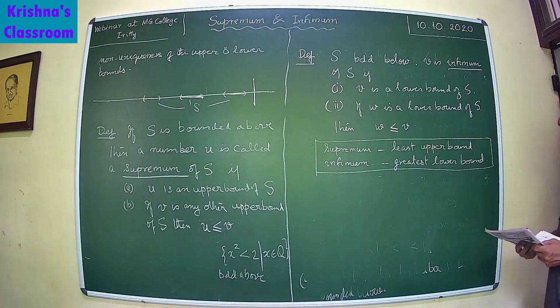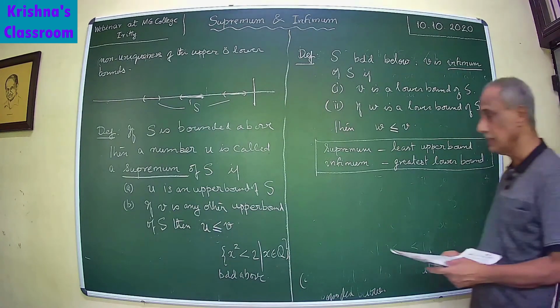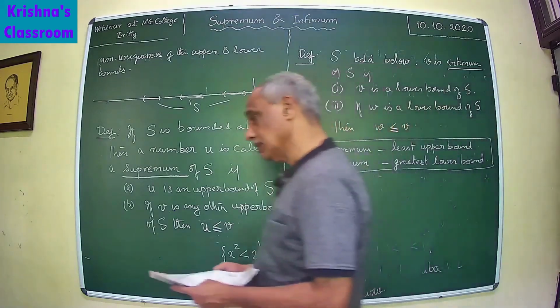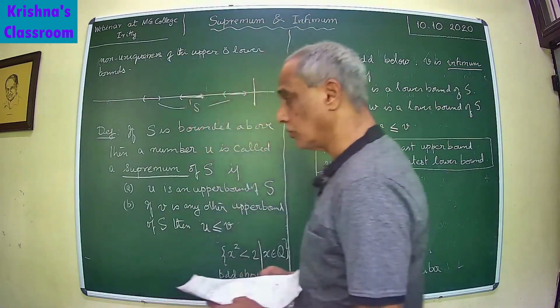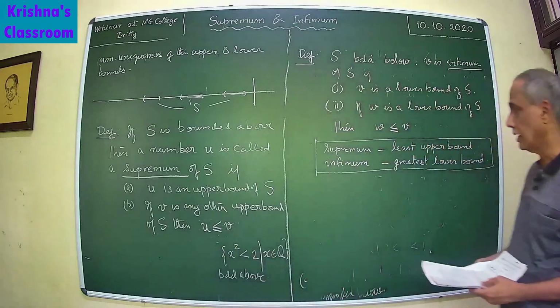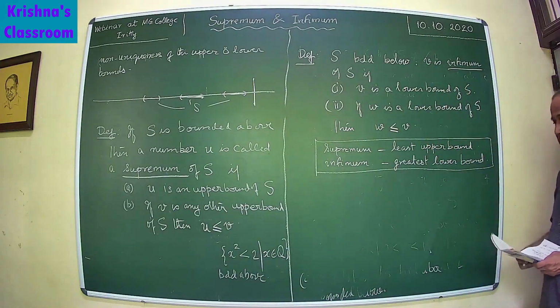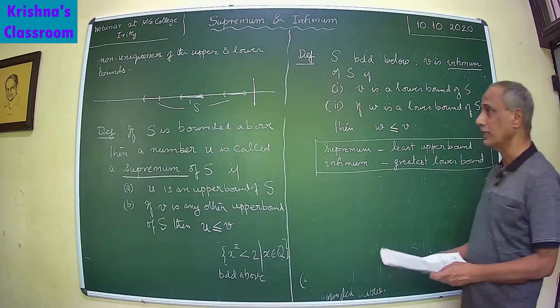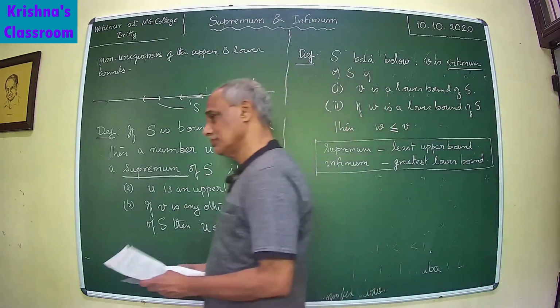So every bounded set has a supremum, every bounded set has an infimum. In fact, every subset bounded above has a supremum, bounded below has an infimum. And this is precisely the property that Q does not have.